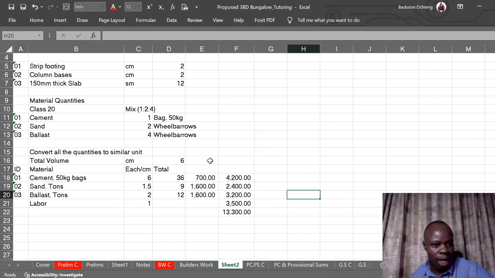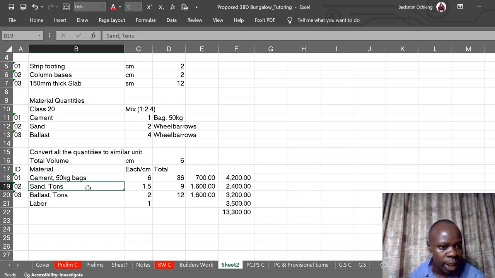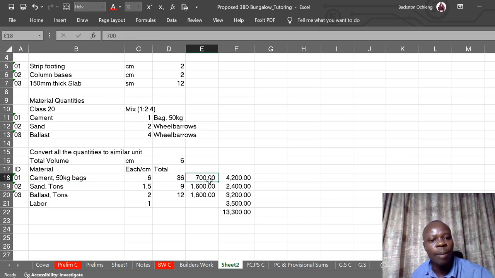So looking at that, from what we've built, you've noted how we come to the quantities of the materials. For those who have always been interested in how to build up a rate for a given class of concrete, once you have the quantities of these materials, you can multiply by the prices according to what is available within your locality.